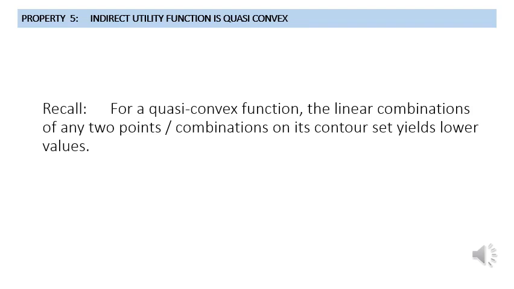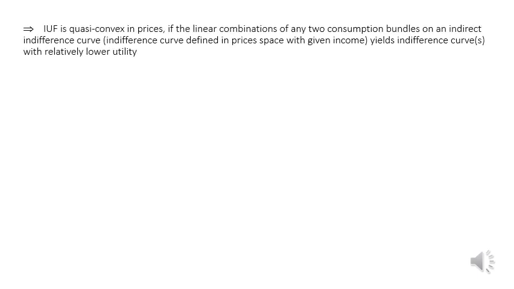And if it yields a low value, then the corresponding function will be quasi-convex. So the property of the indirect utility function is that it is quasi-convex in prices.